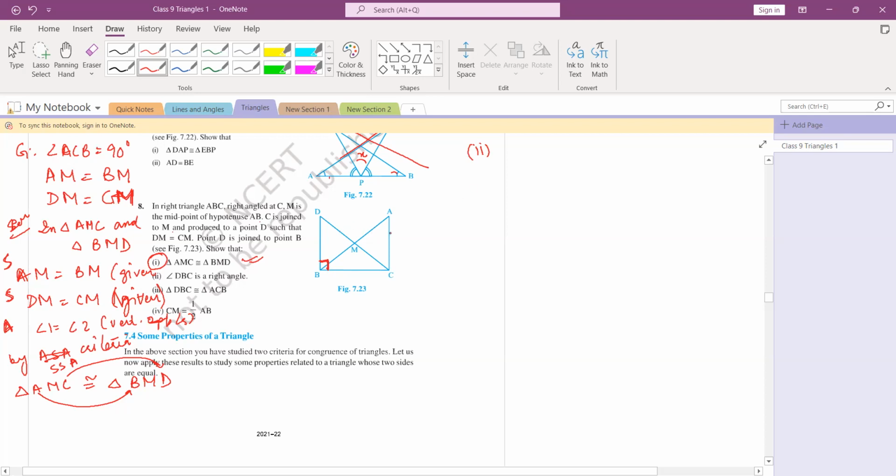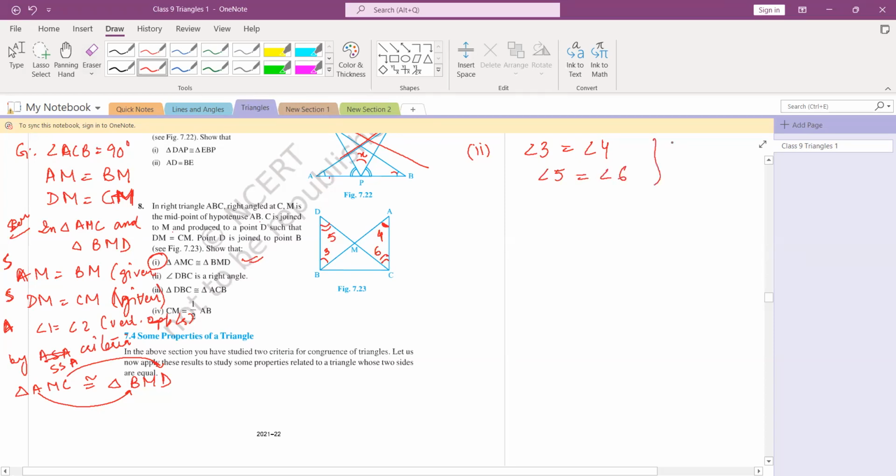So second thing, now we have shown that these two triangles are congruent. By CPCT, can I say that this angle is equal to this angle? If I call it angle 3 and angle 4, by CPCT angle 3 is equal to angle 4. Now this angle will be equal to this angle: angle 5 is equal to angle 6.